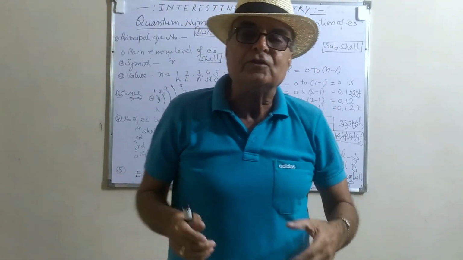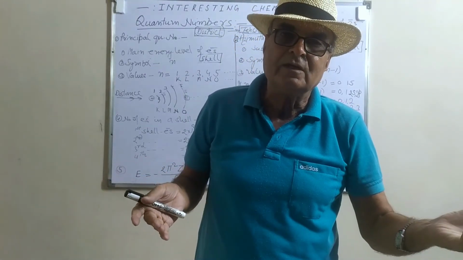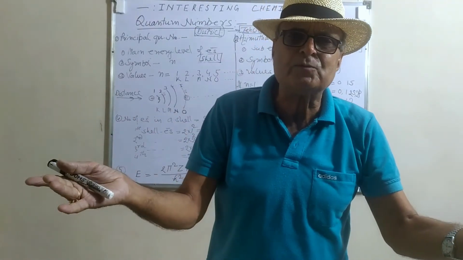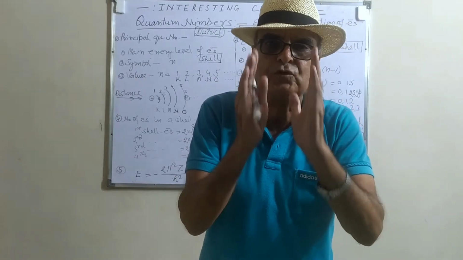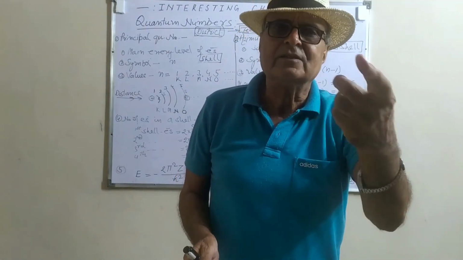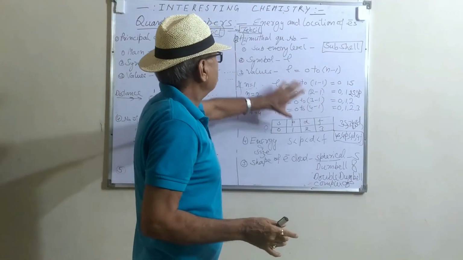I have said the size of 3d is greater than 2d. Am I correct? No, I am not correct, because there is no existence of 2d. So I should say the size of 4d is greater than 3d.